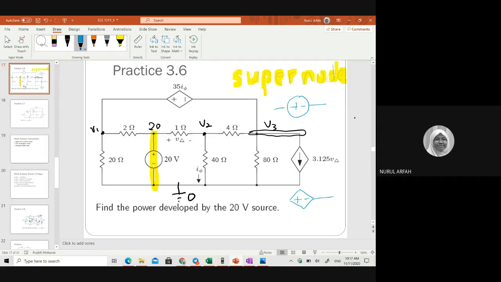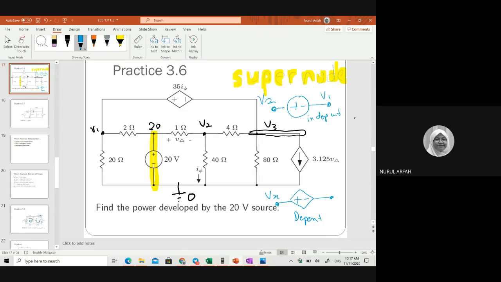Element connected to voltage source. Yes, a voltage source, right? Independent source. Either this is an independent source or a dependent source. In between what? Unknown node. Yes, two unknown nodes.